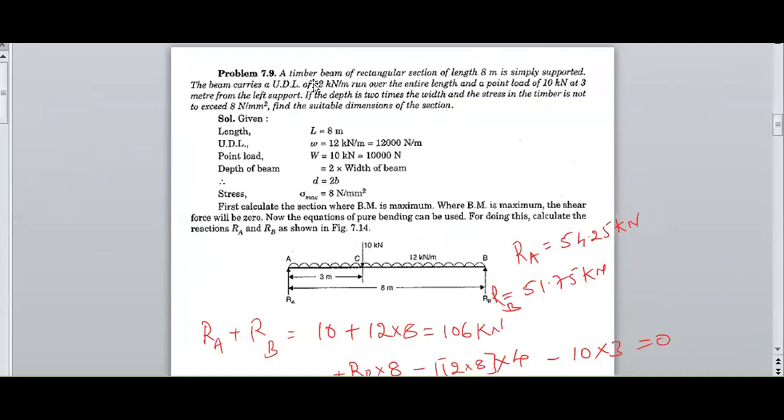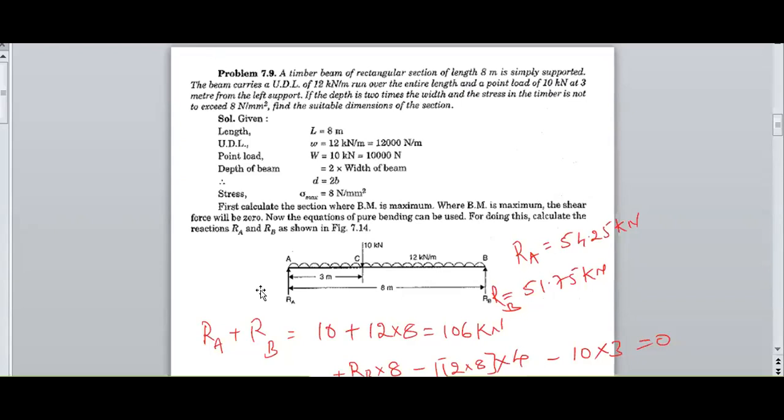The beam carries a UDL of 12 kilonewton per meter running over the entire span, and a point load of 10 kilonewton at 3 meters from the left support.